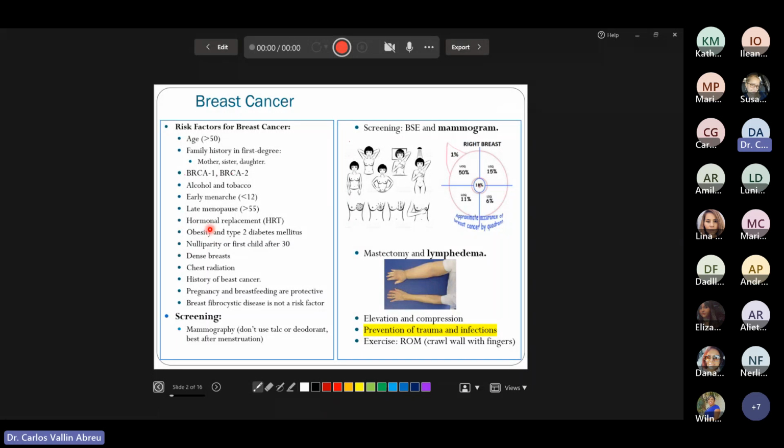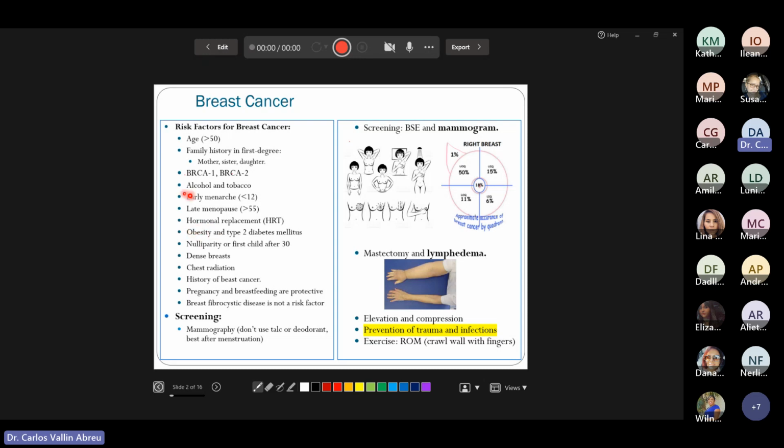For that reason, obese women have more risk of cancer in those body parts that respond to estrogen: breast, uterus, ovaries, etc. So obesity is an important risk factor for those female cancers.